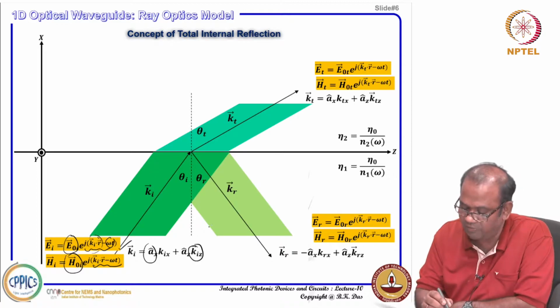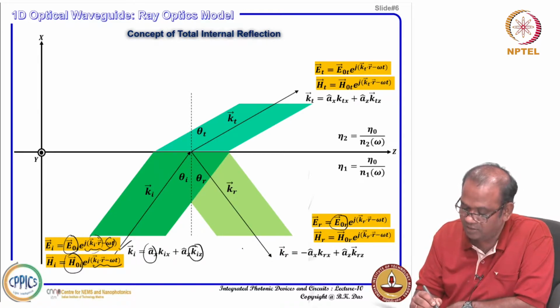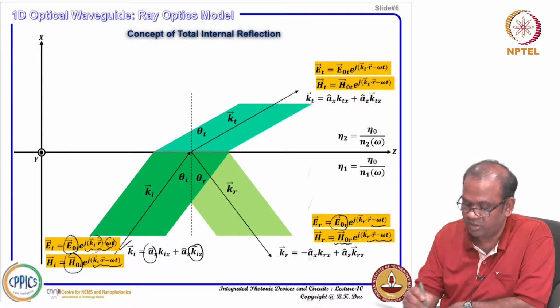Likewise, for the reflected wave, I can define the reflected amplitude E 0 r, and we can write k r dot r minus omega t, with the same phase for magnetic field and electric field. By the way, this r is nothing but any position vector, a x plus a y plus a z.